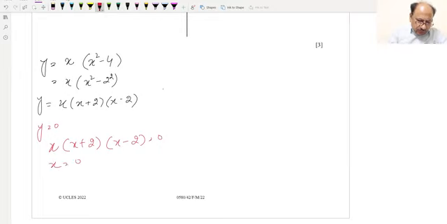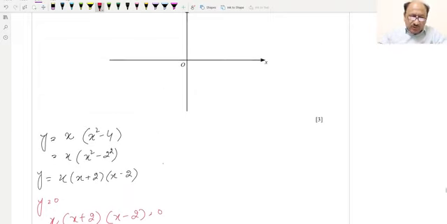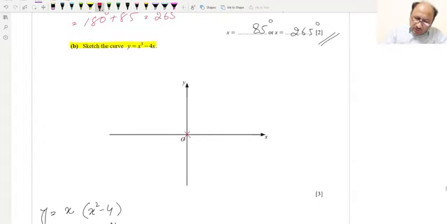This implies x is equal to 0, x is equal to minus 2 and x is equal to 2. So these will be the three solutions which we got, and we need to identify x is equal to 0 will be this point, and x is equal to 2 and minus 2. Roughly I'm taking this one as 2 and minus 2 over here.